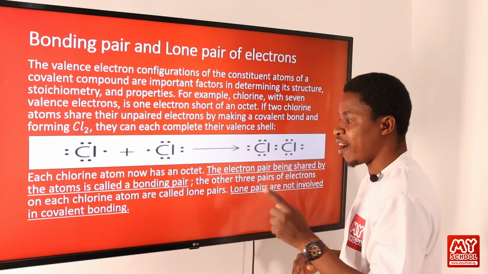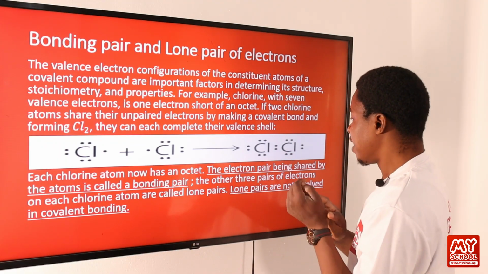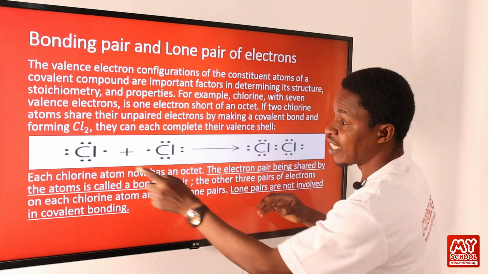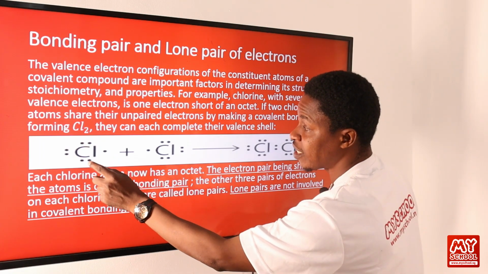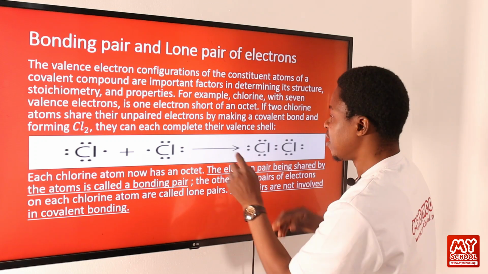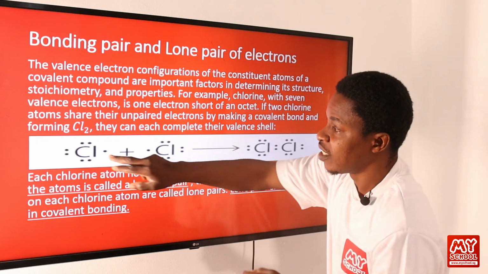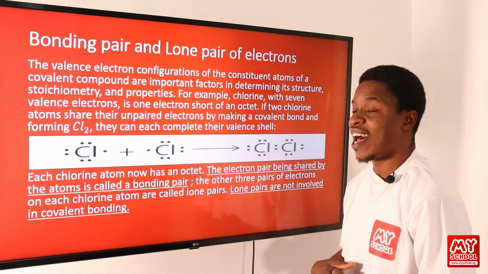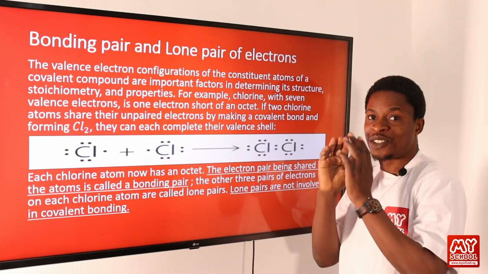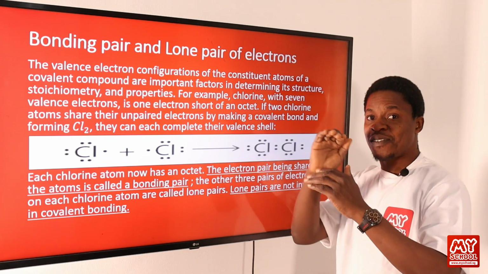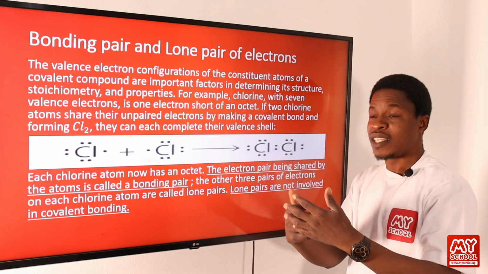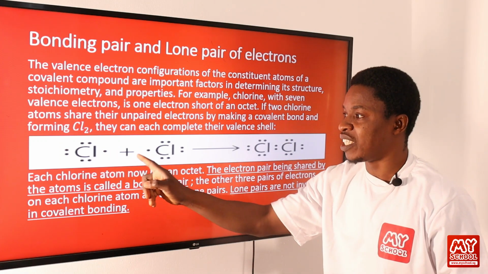But the lone pair of electrons, which is the other 3 pairs of electrons, that's this: 1, 2, 3, 4, 5, 6. 1, 2, 3, 4, 5, 6. For each of them, those 6 are their lone pairs of electrons. They are just lone, okay? They are not joining in the bonding like these two now coming together where they share electrons.